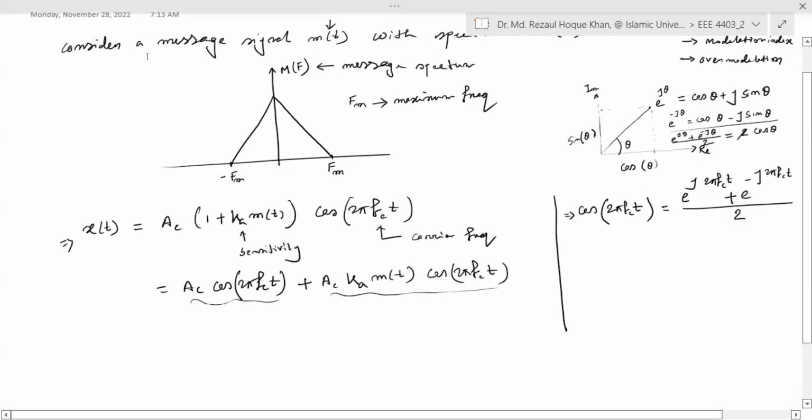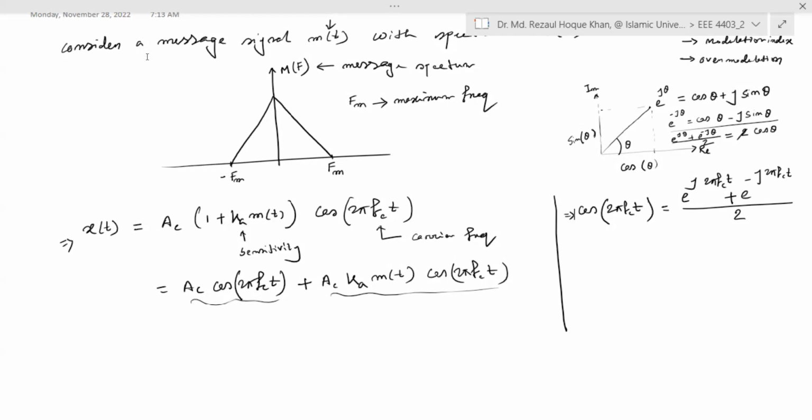Now, the Fourier transform of the complex exponential, how do we express it? We express this term, which is common here and also here, as a complex exponential so that we can convert it to the impulse in a Fourier transform.